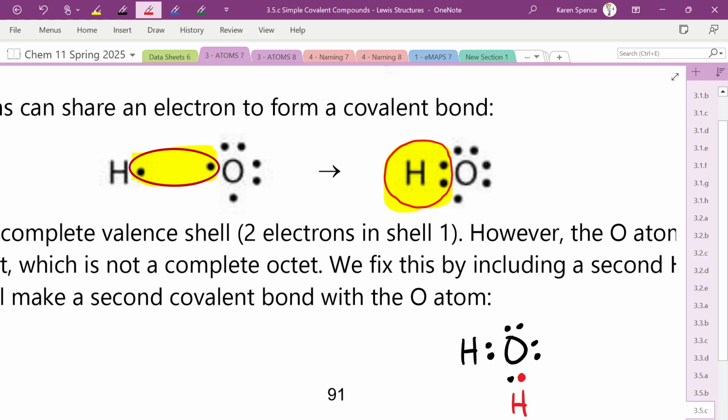Yes? Okay. So let's ponder this for a moment. If I have hydrogen and it's got its 1 electron and it is full, how many bonds can hydrogen form?